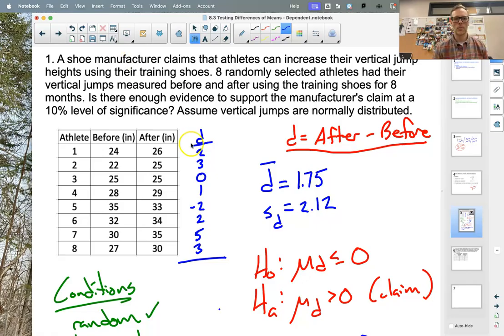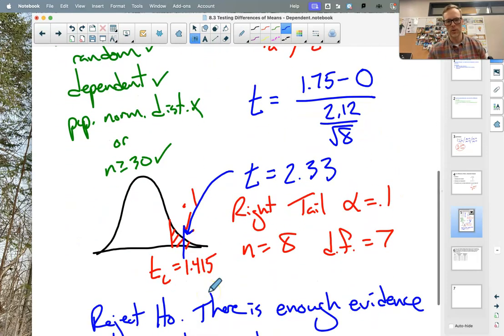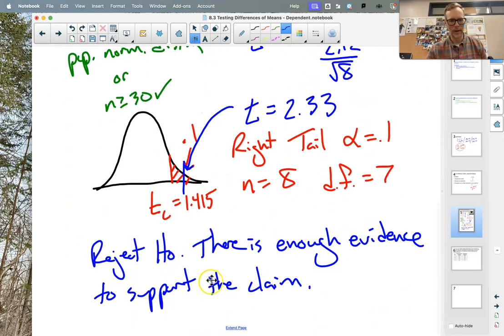So that's our process. They're paired, subtract, find the differences, find the average of the differences, that's D-bar, find their sample standard deviation. Write your hypotheses, being careful about the order that you subtracted. Check your conditions, find your t-score, set up your rejection region, all of that.